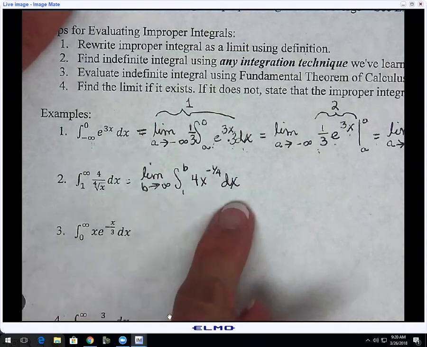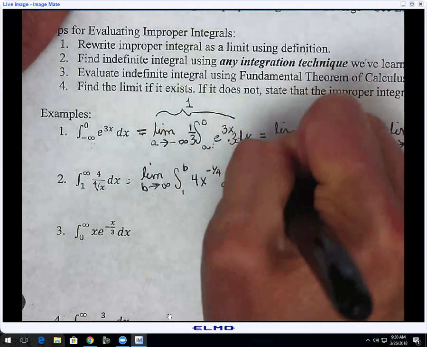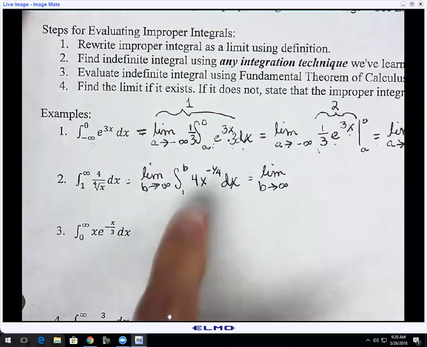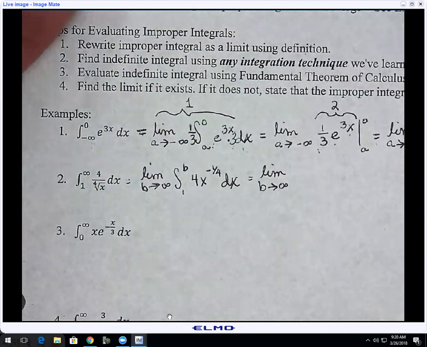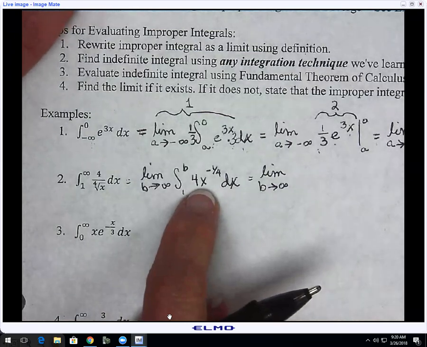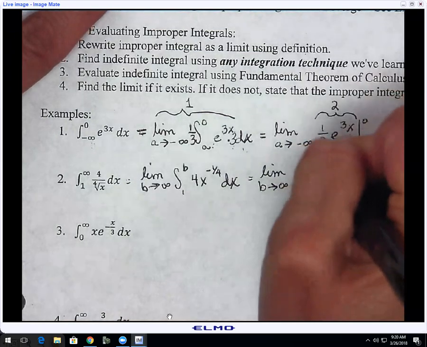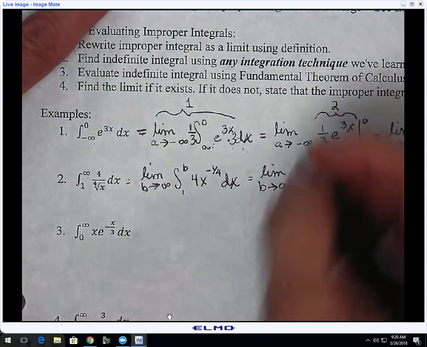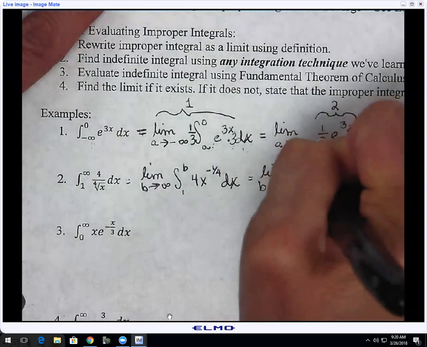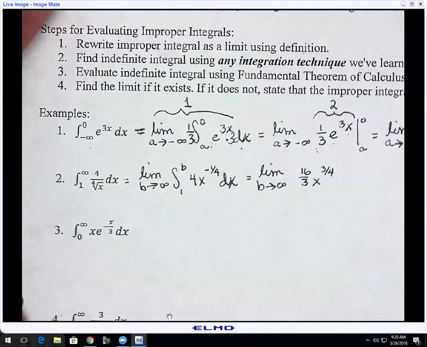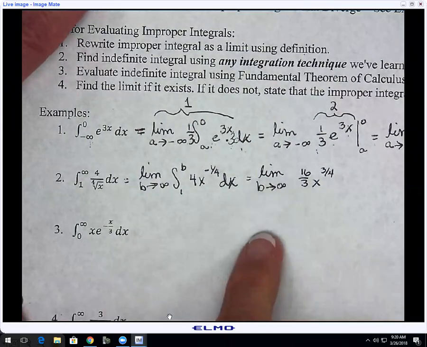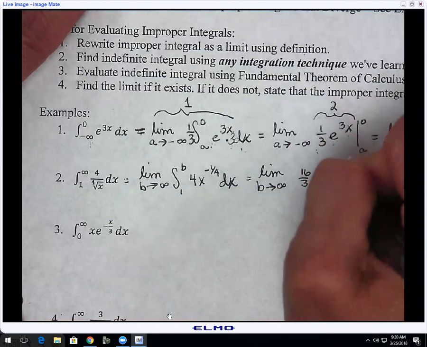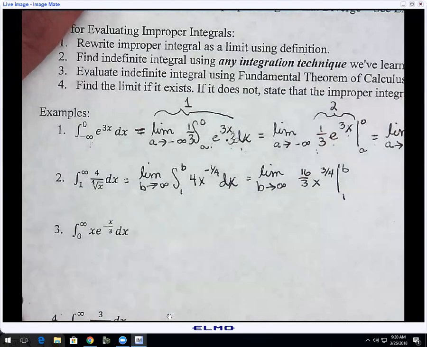That's step 1. Step 2, go ahead and find the indefinite integral. Add 1 to the exponent, that would give you 3/4. Divide by 3/4 is the same as multiplying by 4/3. And we get 16/3 x to the 3/4, which we need to evaluate from 1 to b.